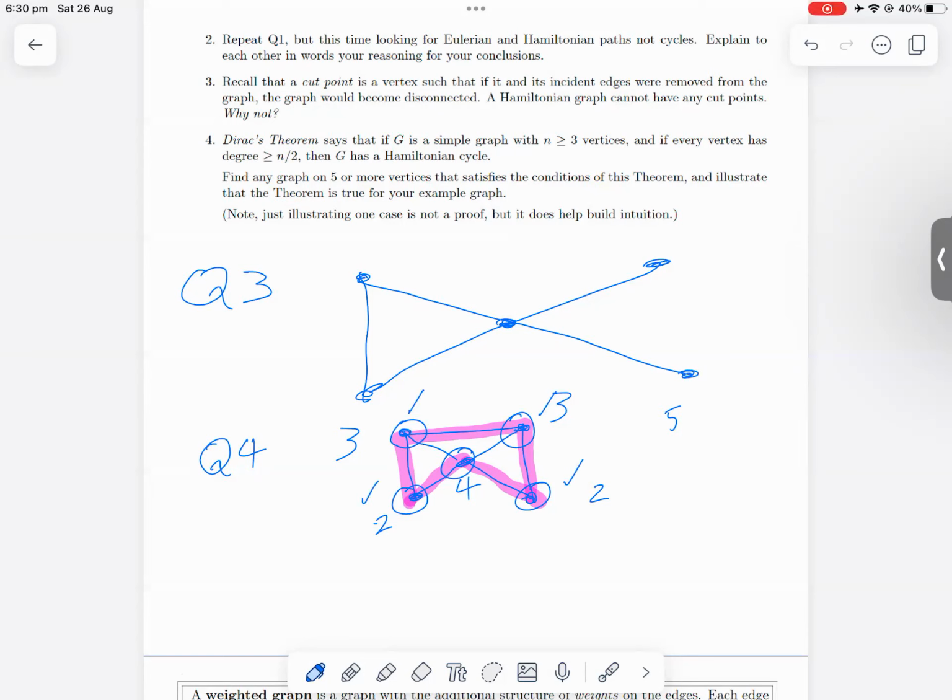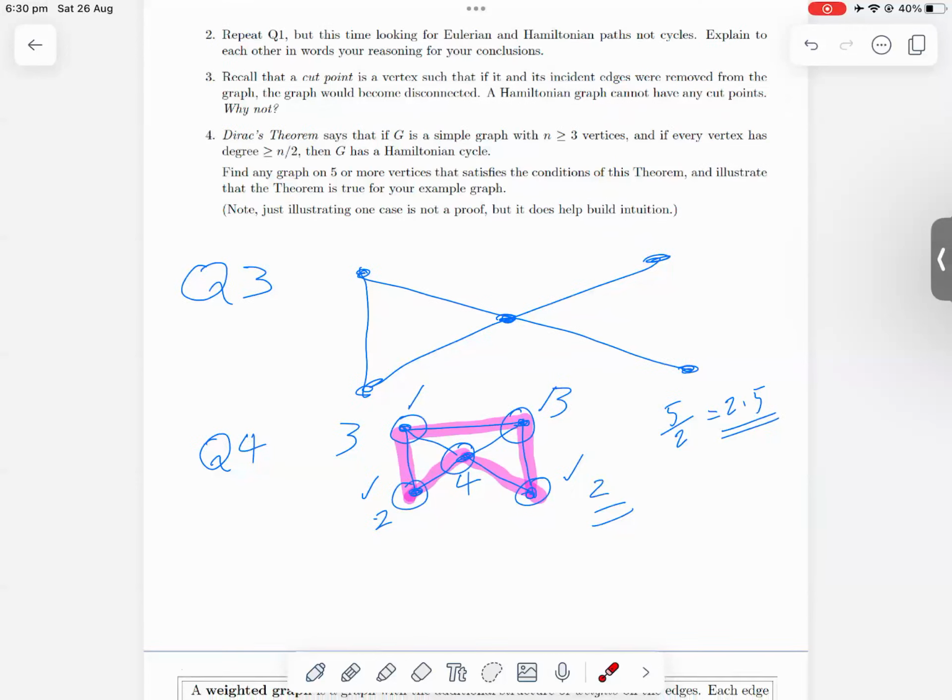So 5 vertices, and we have 5 over 2, so 2.5. So one of that, this one is 2. So not having this assumption doesn't mean that we cannot have a Hamiltonian cycle.